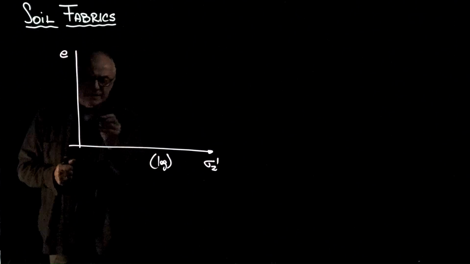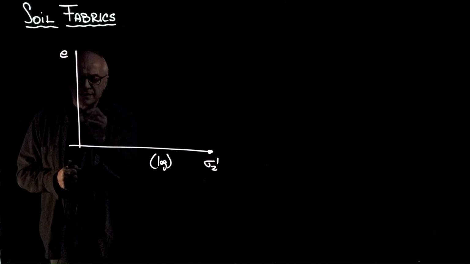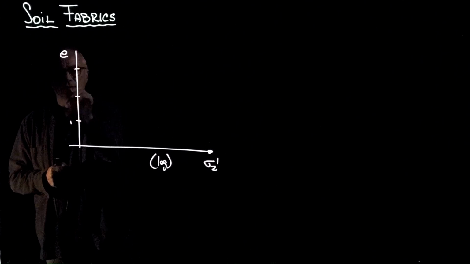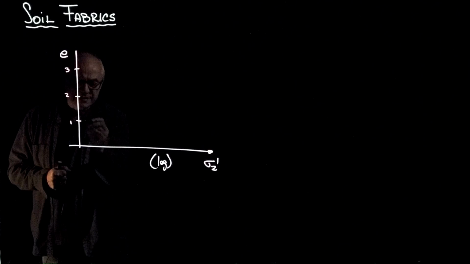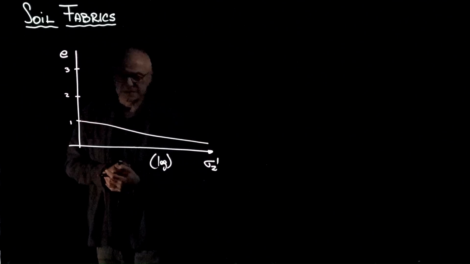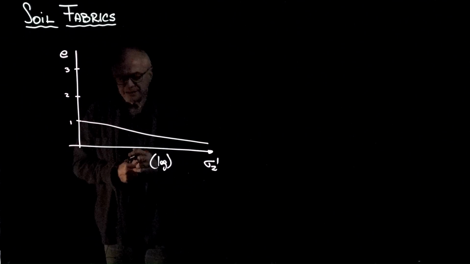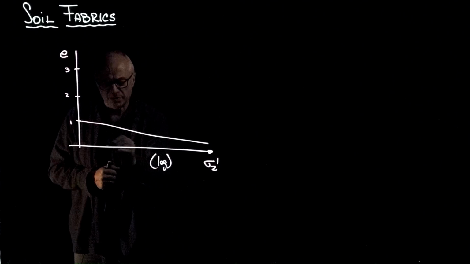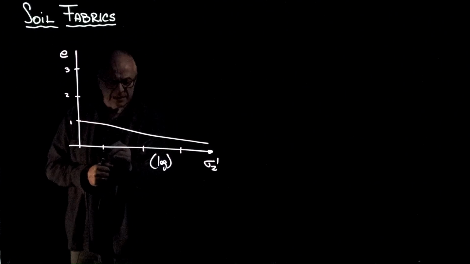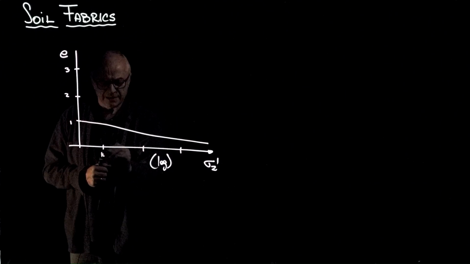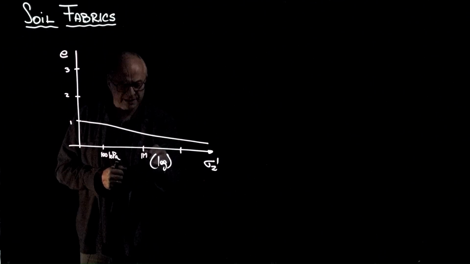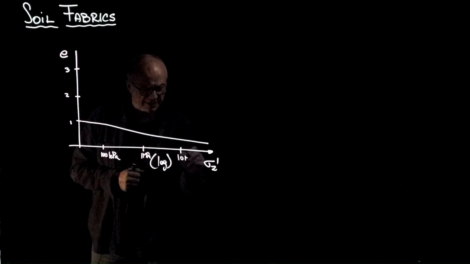And we see that coarse grain sediments, let's say that we are starting with a void ratio of 1. Coarse grain sediments are going to be somewhere here, and then they're going to decrease and show some trends like that. And in this case, I'm plotting in logarithmic scale, so probably this is, let's say, 100 kPa. This is 1 megapascal. This is 10 megapascals.